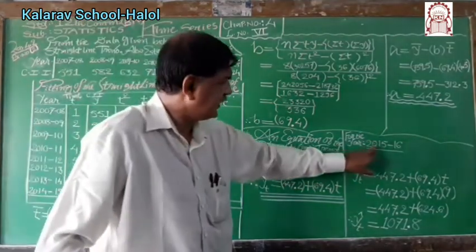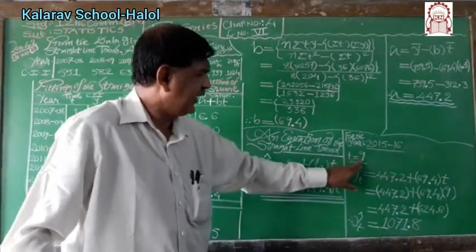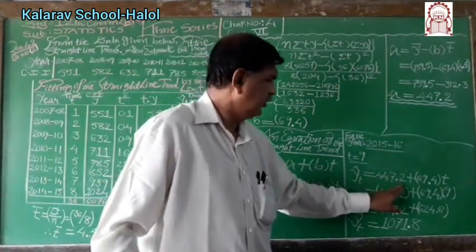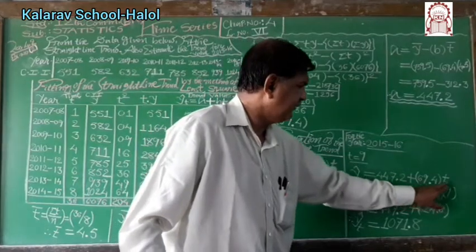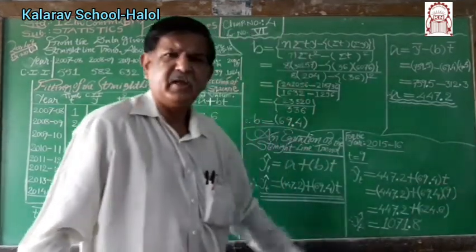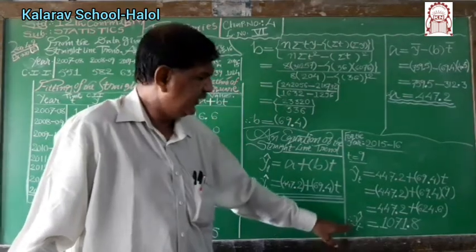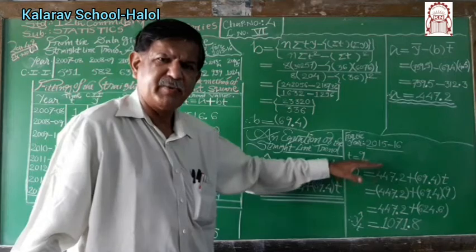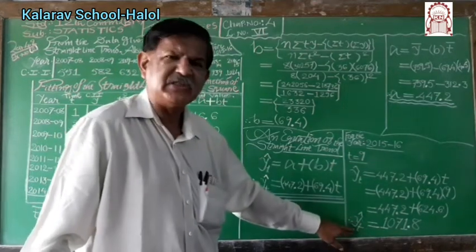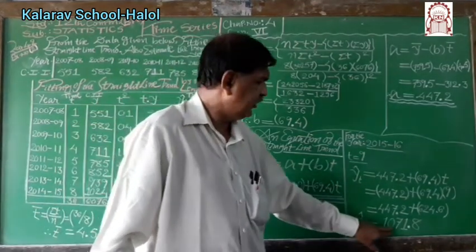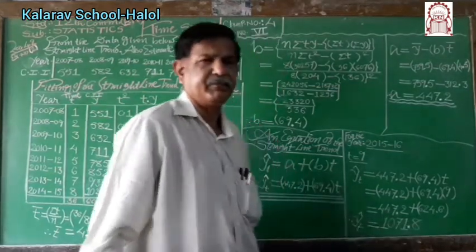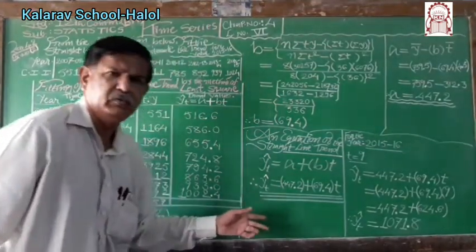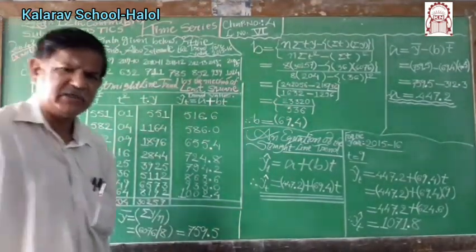But for 15-16, by taking t equal to 9, substitute in the equation 447.2 plus 69.4 times t. After simplification, you will get the cost inflation index number for the year 2015-16, y cap t. This is the estimated value, 1071.8. This calculation also you must show, for your better result and marks.